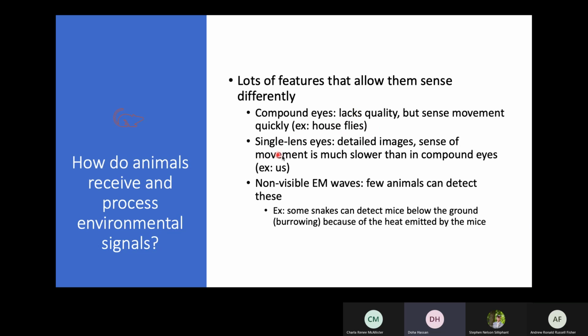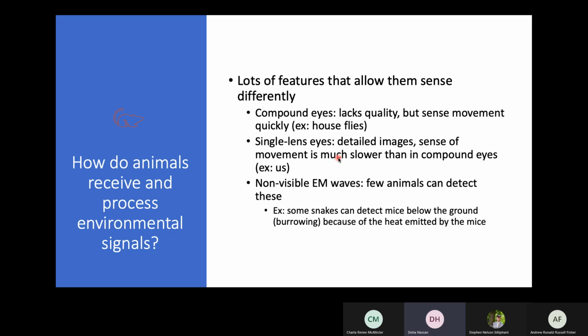But other animals will have single lens eyes like us. This allows us, for example, to see detailed images, and then sensing movement is a lot slower than it is in compound eyes. But this is actually beneficial for us because we care a lot more, even for survival purposes, about seeing detailed images.